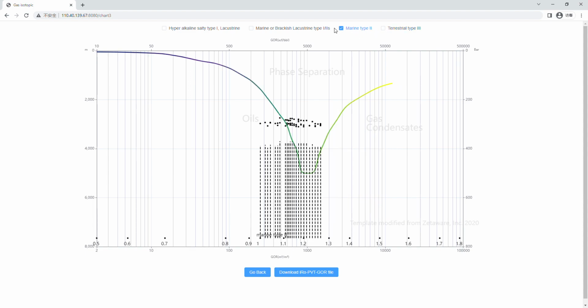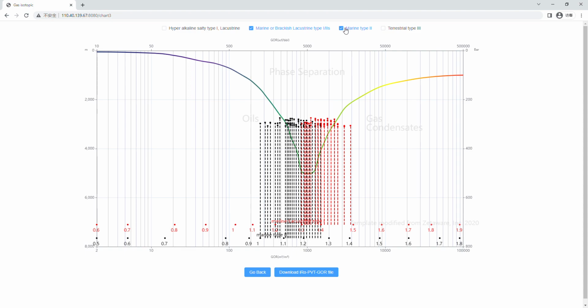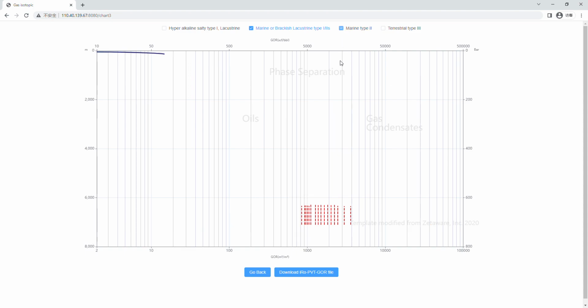So it has to be the marine type 2, and the GOR is in this volatile oil window to condensate. But if you use type 1 marine, then it's really in the condensate to wet gas region.